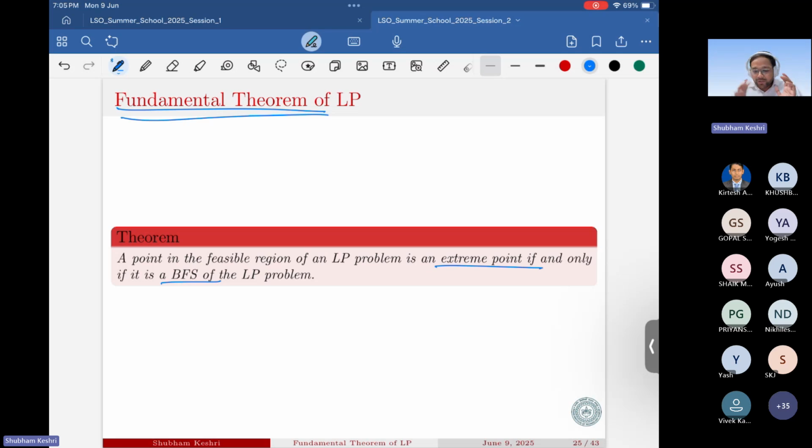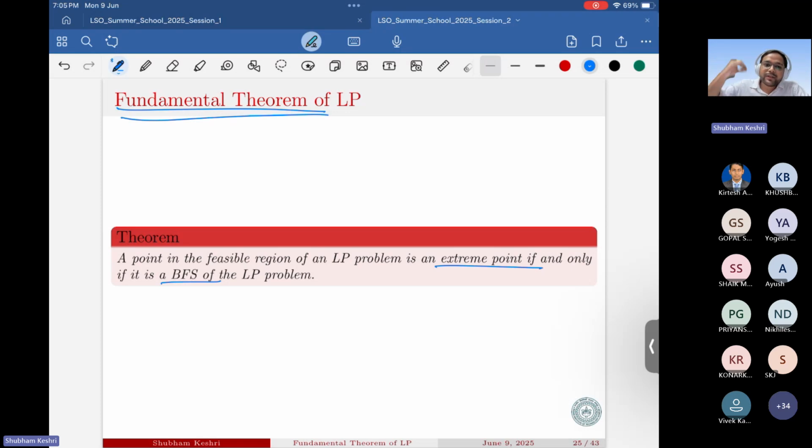So what is the task of Simplex now? The task of Simplex is to find different basic feasible solutions and check the objective function value in those basic feasible solutions. Actually, I will not say the task of Simplex, I will say the task of an algorithm which is trying to solve an LP.